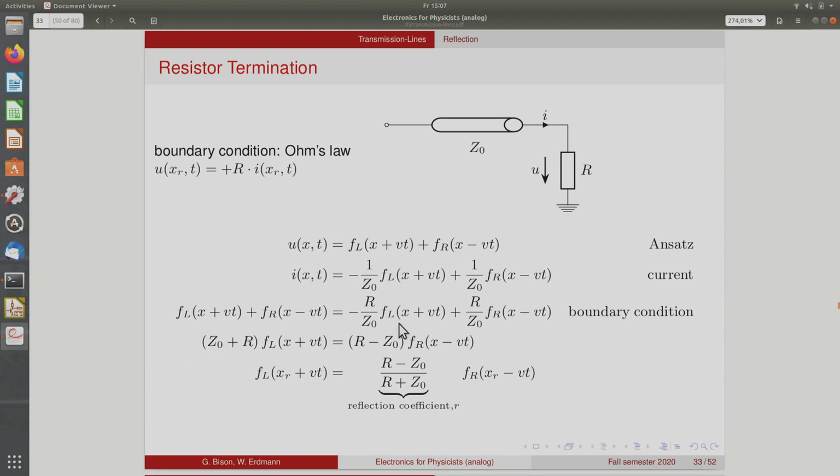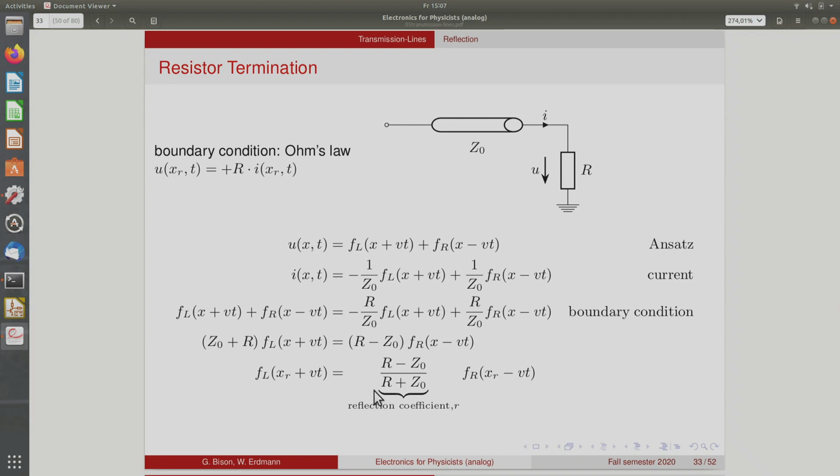So here you have Z plus R, and here you have R minus Z. So the left-going wave that we now need to assume to get the proper behavior at the boundary condition is R minus Z divided by R plus Z multiplied by the incoming wave. And this ratio here is called the reflection coefficient. So the amplitude of the reflected signal when we have a resistor at the end is given by this expression.